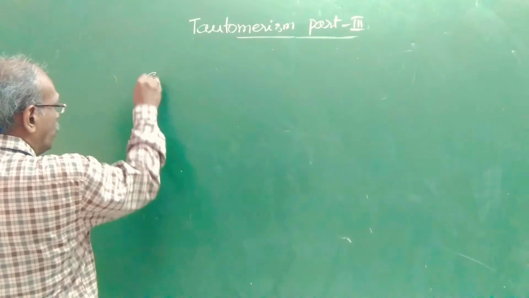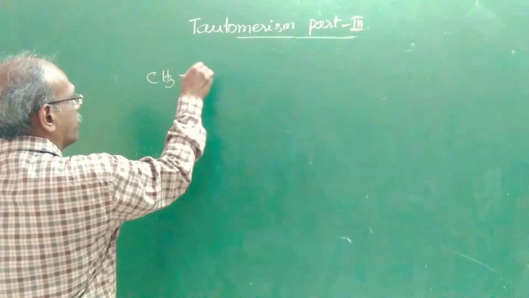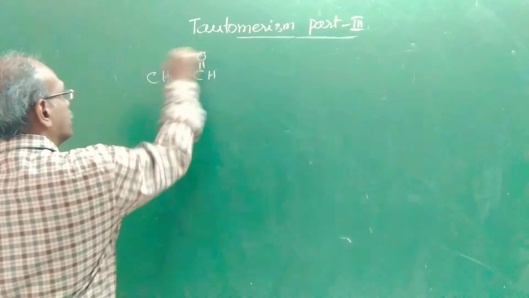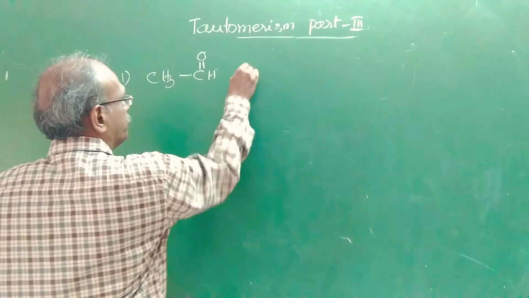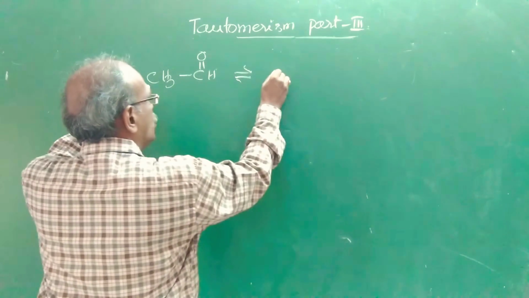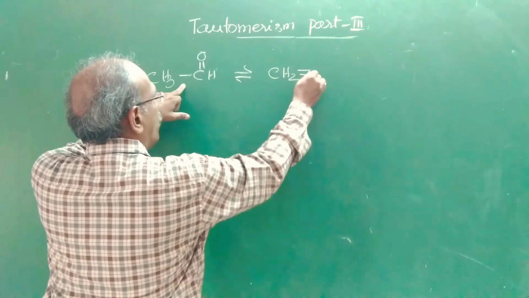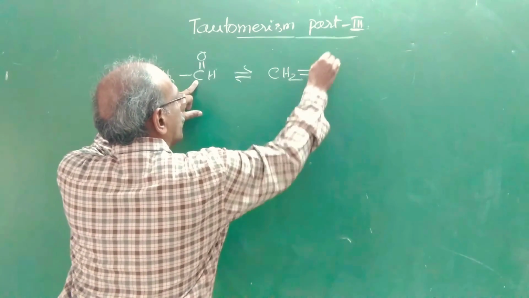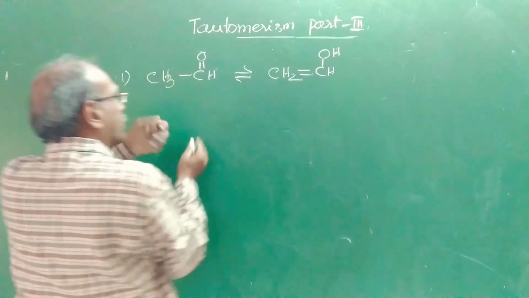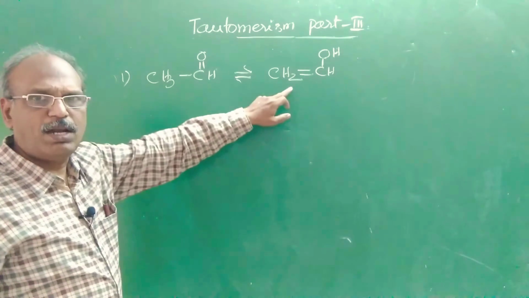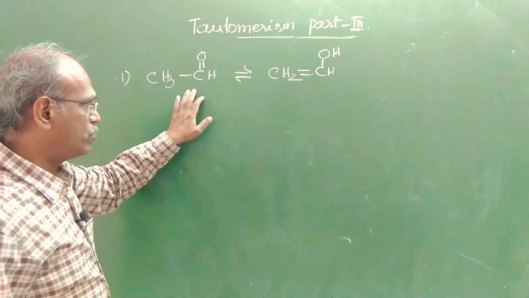See, if you look at acetaldehyde, with different examples, let's see. Acetaldehyde, what is its enolic form? CH2=CHOH, vinyl alcohol. This is vinyl alcohol, this is acetaldehyde.